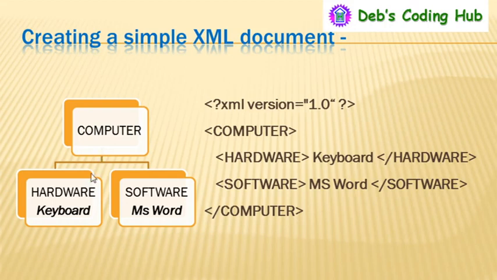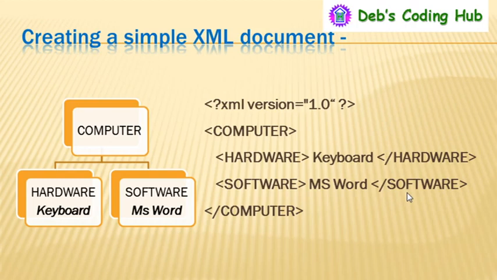The first child element is hardware. So we have written hardware, and the value that hardware holds is keyboard. So the value is written, and then hardware is closed. Similarly, for software, we have written software. The value is MS Word, and then software is closed. Every tag in XML must close.